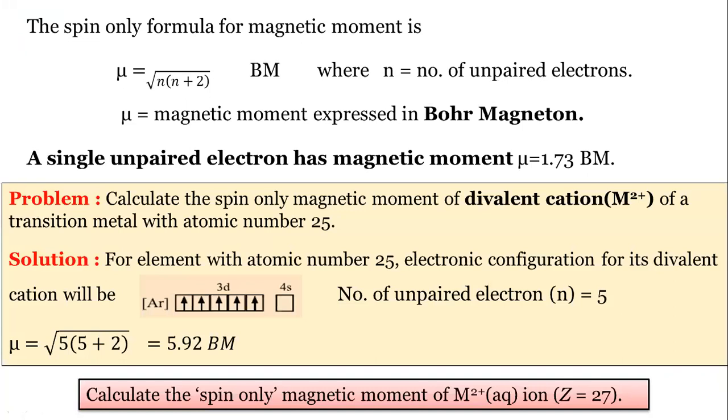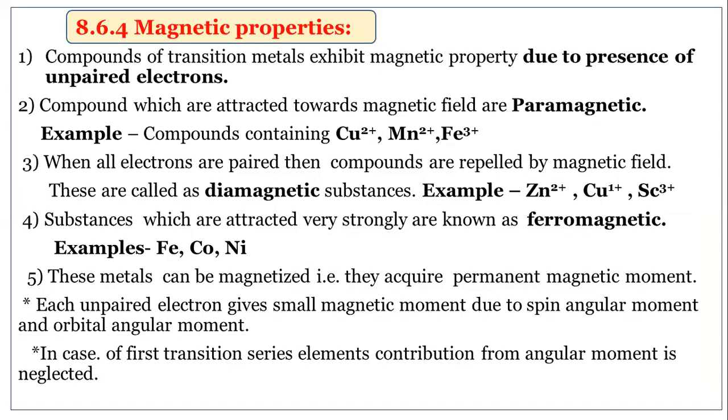Magnetic moment: ferromagnetism and diamagnetism were also explained in the last lecture. What is meant by paramagnetic substances? Paramagnetic substances are attracted by the magnetic field; they contain unpaired electrons. Diamagnetic substances are those where pairing takes place. These are not attracted by the magnet, they are repelled by the magnet.